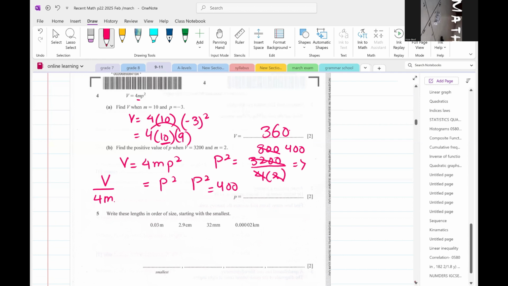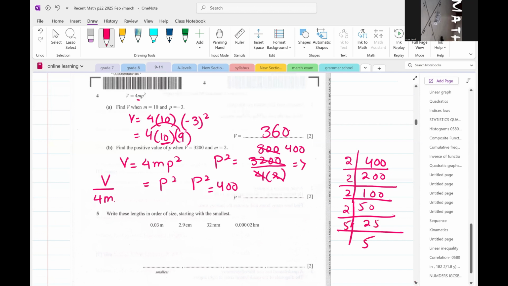Now you have to find the square root of 400. So what will you do? You'll make a table and start doing the factorization. Once you are done with the factorization, make pairs of the numbers.